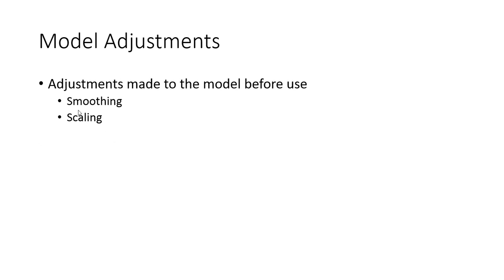Model adjustments. Adjustments are made to the model before they are being used in production. So adjustment could be smoothing, where you take an average of your model output, so that's called smoothing. And then scaling, where you change the scale.